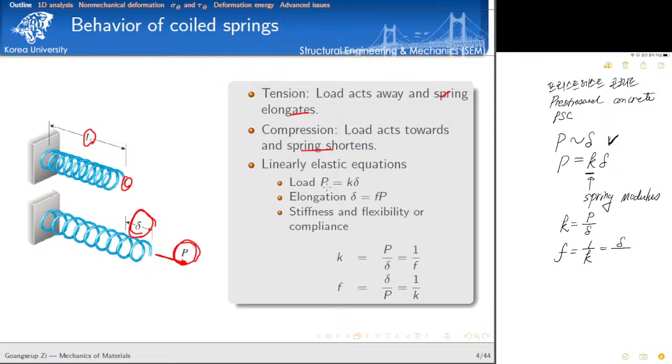This is delta divided by P. The physical meaning of the spring modulus is this. It is always important to understand the physical meaning of an equation. The spring modulus is a force caused by unit elongation. That is the spring modulus. You understand? Basically, that represents the slope.